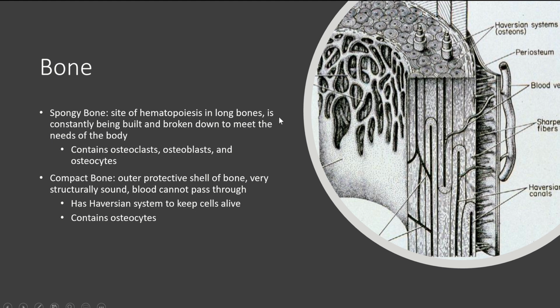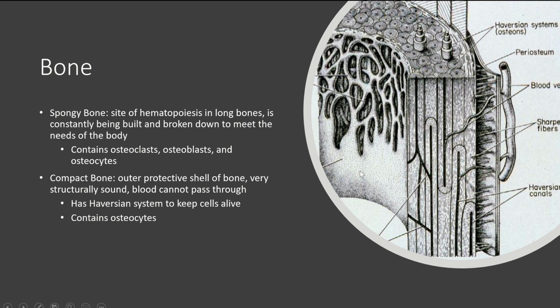And then you have these little bony spicules that provide structure to the inside of the spongy bone. Those little bony spicules in the spongy bone are the actual bone content. It's constantly being broken down and built back up to meet the needs of the body, because remember, your bone is a big storage site for calcium.